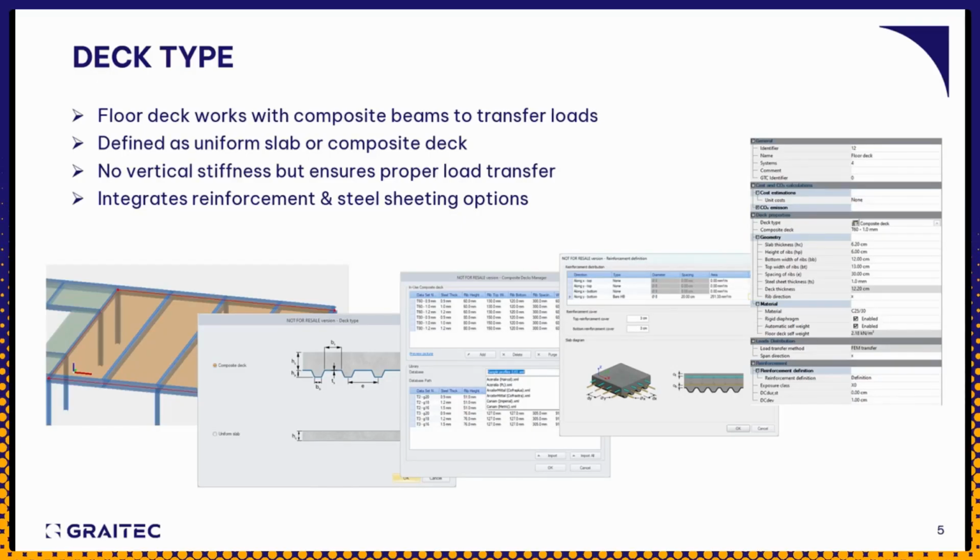The first one is working in composite action with your composite beam, and the other is distributing all of the forces, live or dead or other types of loads, to your composite beams. And as well, it's going to integrate reinforcement and steel sheathing options in case of a composite deck.